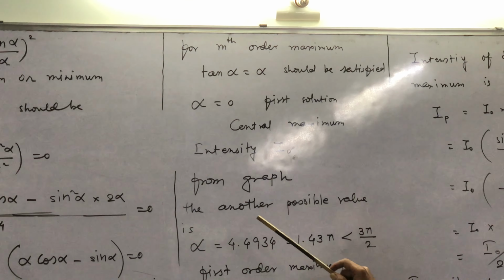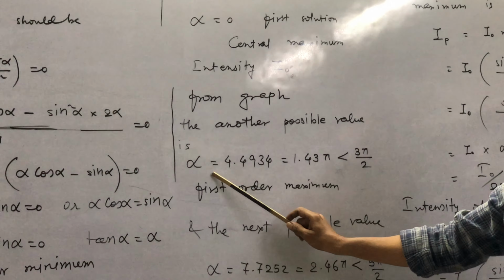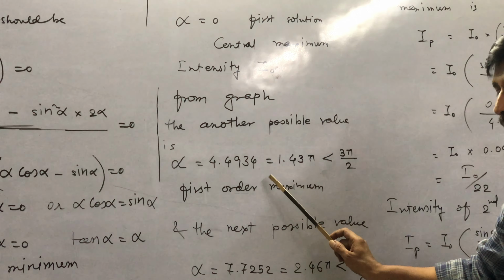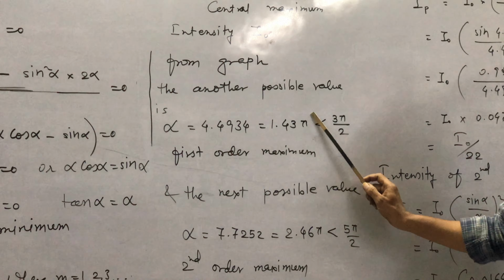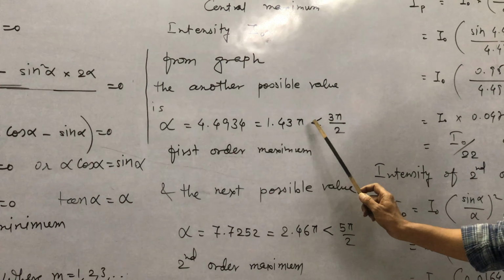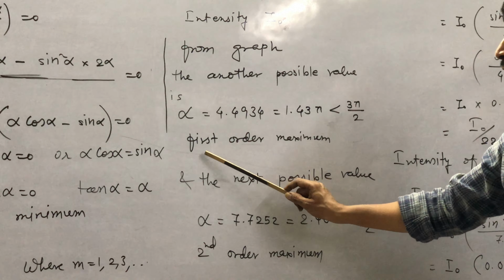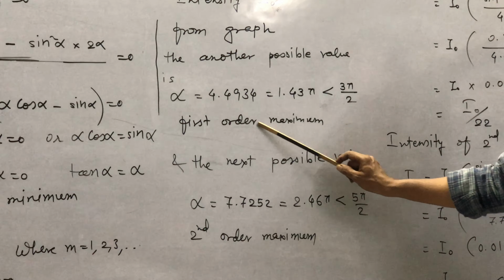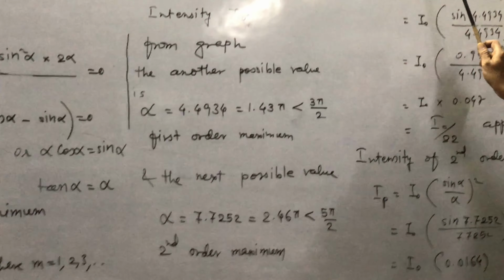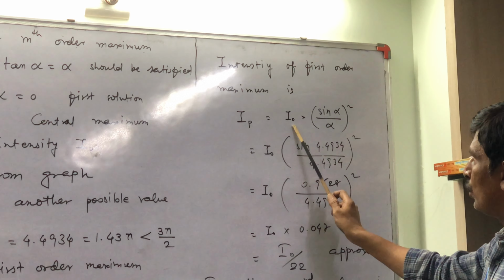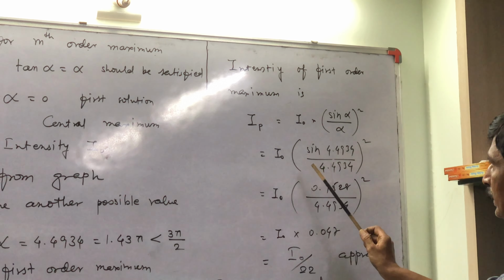Now from the graph, another possible value is α equal to approximately 4.4934 in radians. It is 1.43π, which is almost equal to 3π by 2, but less than this. This is the condition for first order maximum. So the intensity of first order maximum is I equal to I₀ into (sin α by α)².